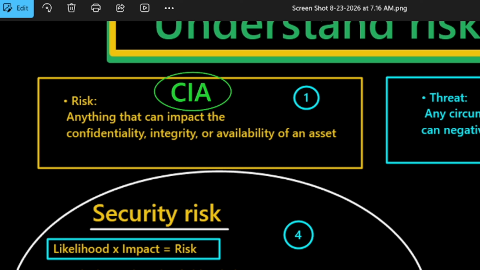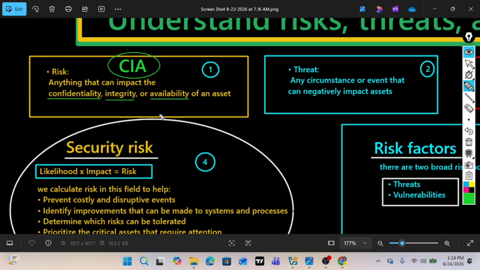Now, another way to look at this is this. Even if only the confidentiality is impacted, that is a risk. It could be only the integrity or availability. These things are interwoven to the extent that all three of them are important. You cannot tell me that you're a cybersecurity professional and that you maintained the confidentiality, just that the integrity had an issue.